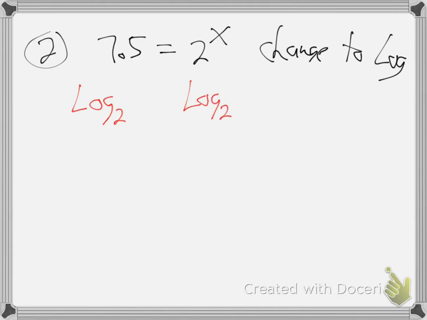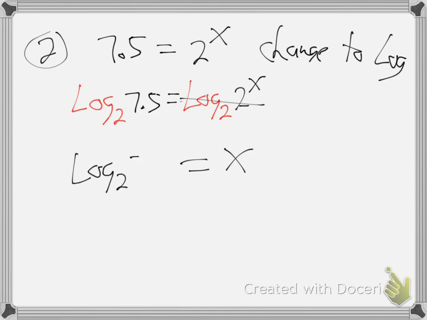Log base 2 on both sides. So this is 7.5. This is 2 to the x. So these guys cancel, don't they? X is log base 2 of 7.5. That's saying the same truth, different language.